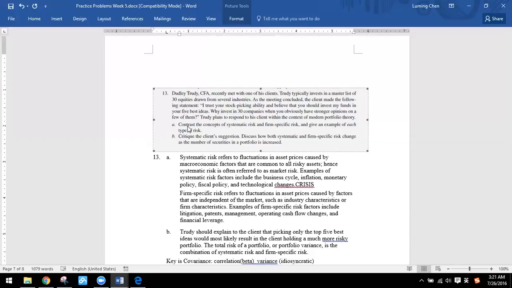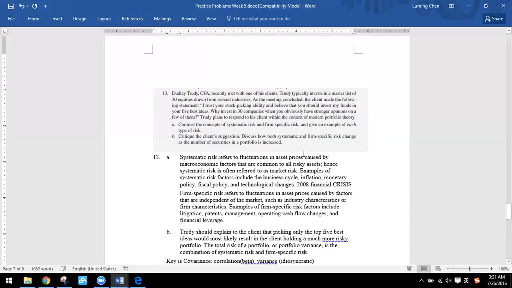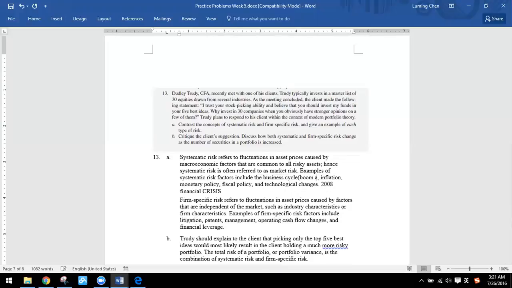So systematic risk, like the 2008 financial crisis, or the business cycle of boom and bust, inflation, monetary policy, fiscal policy, austerity, and expansionary, and technological changes.